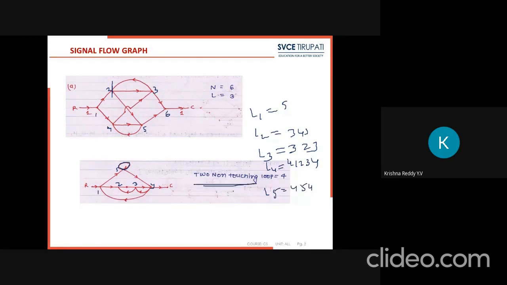Two non-touching loops: if you take loop 1, it has node 5. L2 has nodes 3, 4, 3. These two do not have any common node. Then two non-touching loops are L1 and L2. Similarly L1 and L3. Similarly L1 and L4.